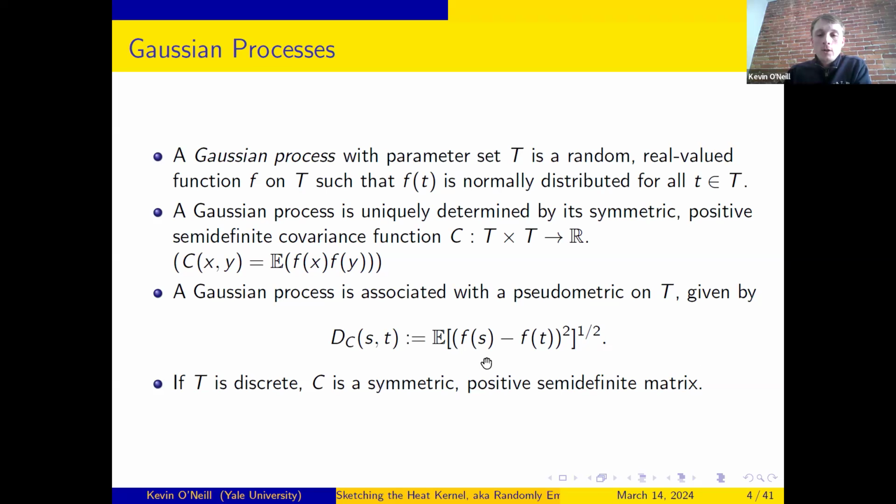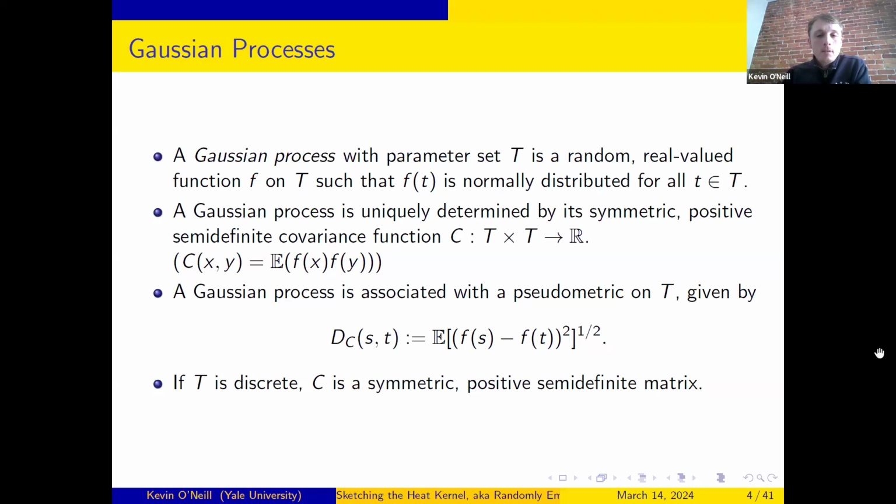So what you do is you just look at the expected square distance between 2 points when you evaluate your function at those points. You take the square root, so it normalizes, and that's a distance. So it is a pseudometric officially because it could be 0, even if the s and t are different points.